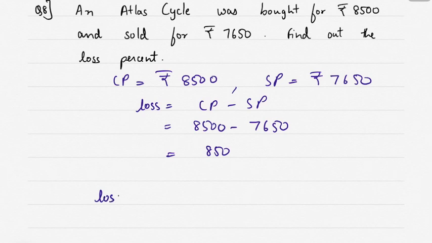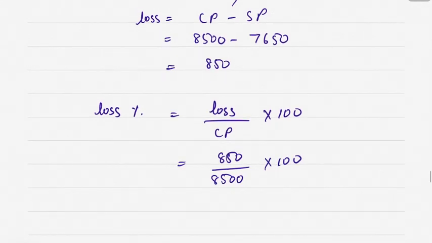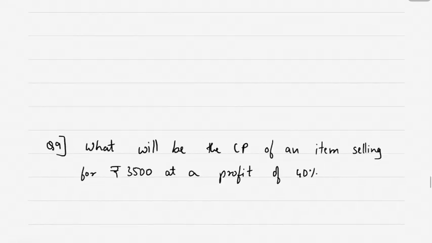So loss percent is equal to loss upon cost price into 100. So 850 upon 8,500 into 100, which comes to 10%. So 10% is the answer. Let's see the next question.